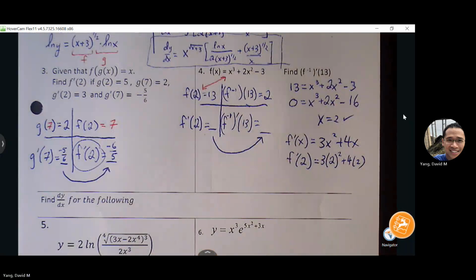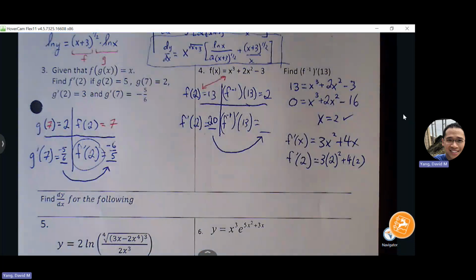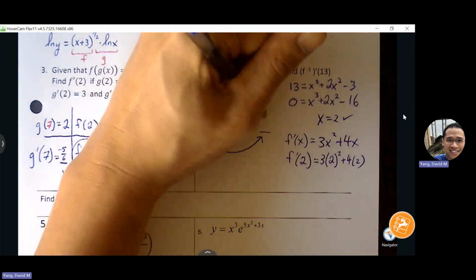Which is what? Three times 4 plus 8. What's that equal to? 20. So if the slope of the f graph at 2 is 20, then the slope of the inverse at 13 must be 1 over 20.